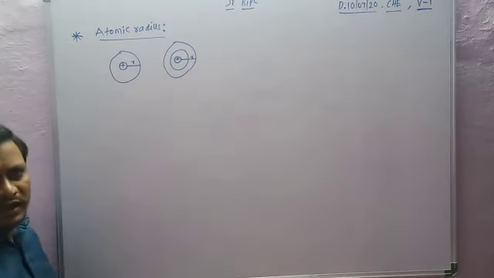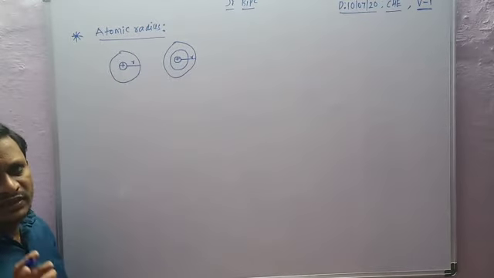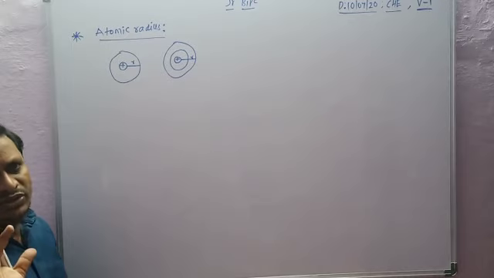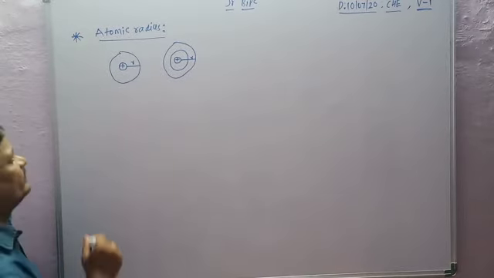So atomic radius means the distance between the center of the nucleus and the outermost shell, also called atomic size.